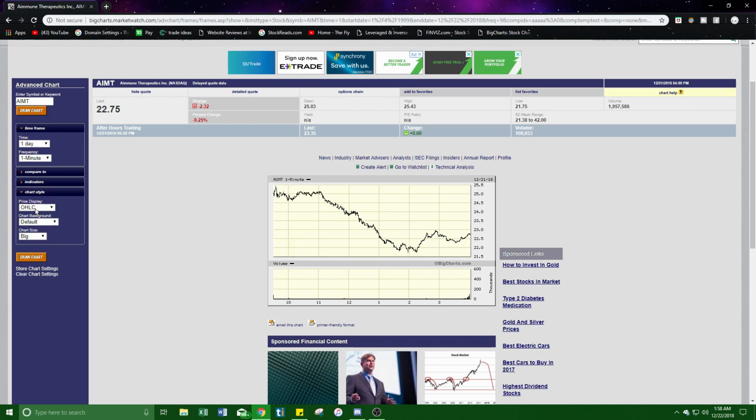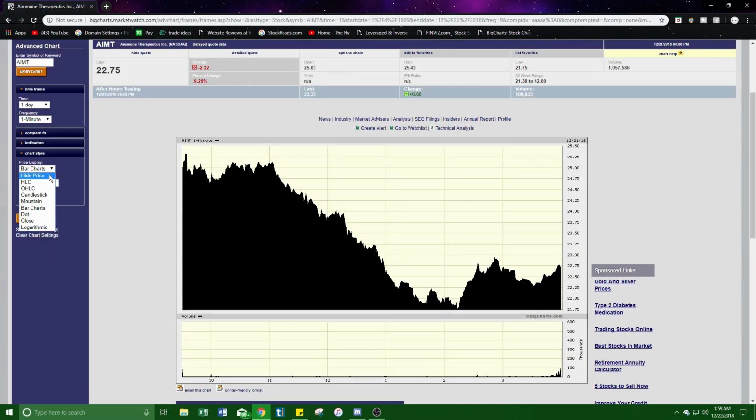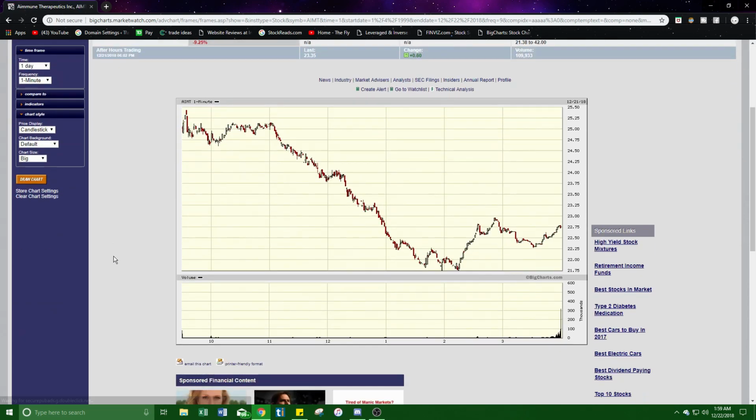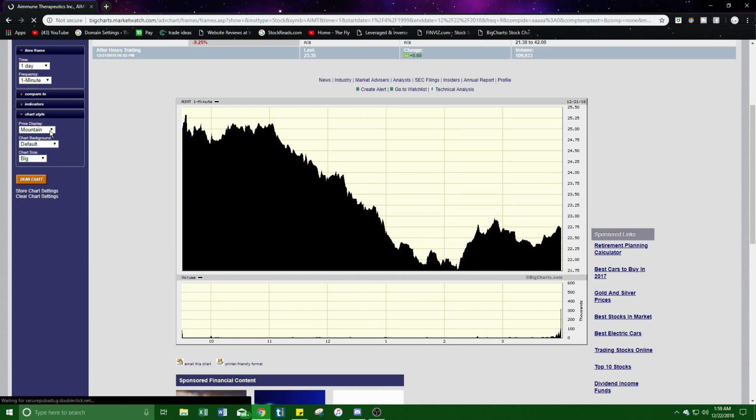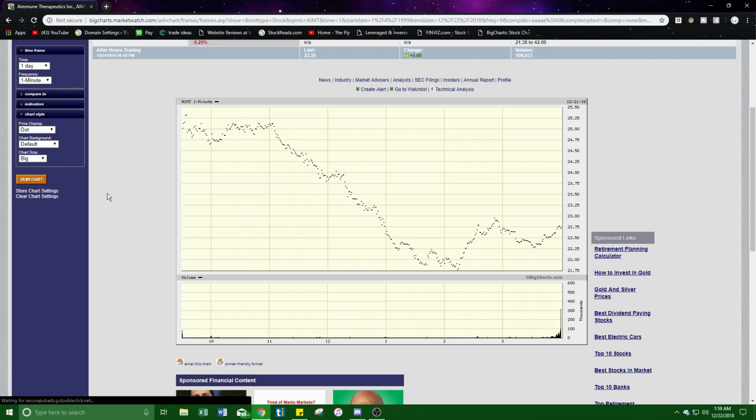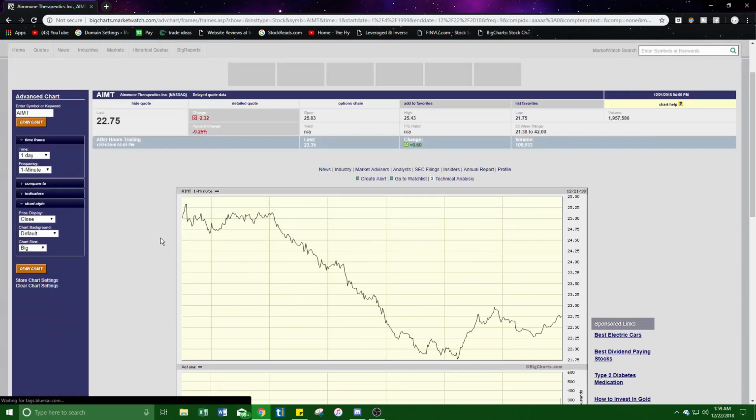Let's change it to a big chart. So you got bar charts, high, low, close chart, candlestick, mountain, big chart or bar charts, dot charts, close charts.